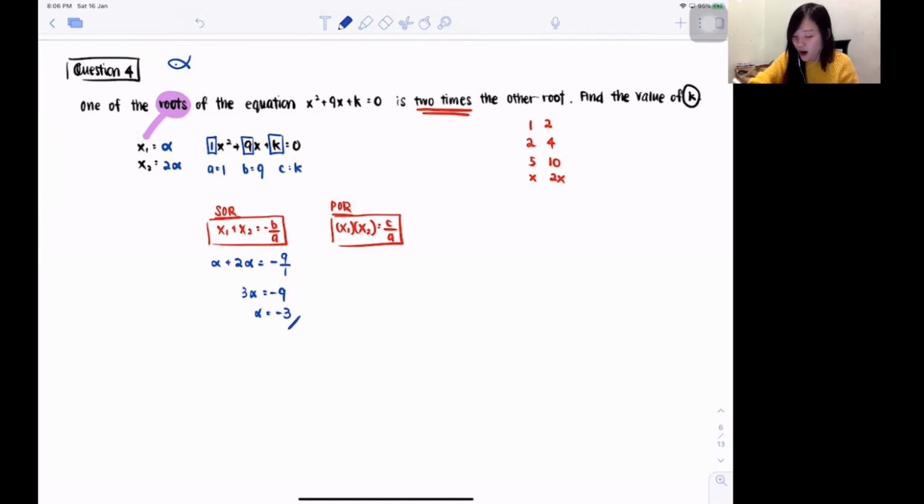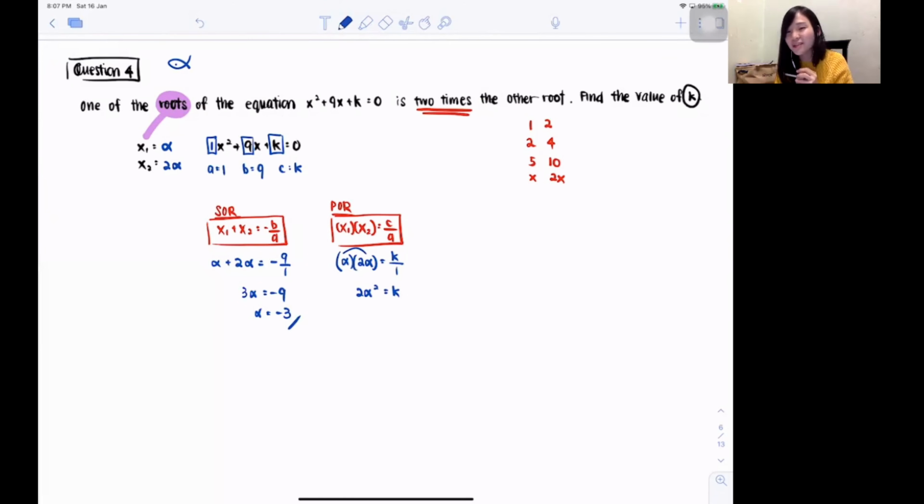How about my POR? x1 is alpha, x2 is 2 alpha. In ABC, C is K, A is 1. I don't think you guys have any problem now, okay? Alpha times 2 alpha, 2 alpha squared, equals K. So guys, until here, do you realize we have 2 unknowns, K and alpha? And this question never asks for alpha, they ask for K, right? That's why the alpha should disappear.